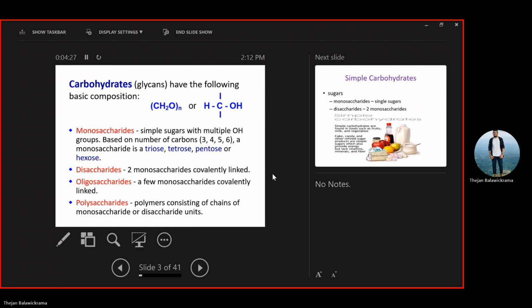I already told you that carbohydrates have carbon, hydrogen, oxygen. When it comes to the composition, there is a ratio, regardless of how big the molecule is. The molecule may be a very long polymer chain, like starch, but there's a ratio between the atoms: carbon, hydrogen, and oxygen.